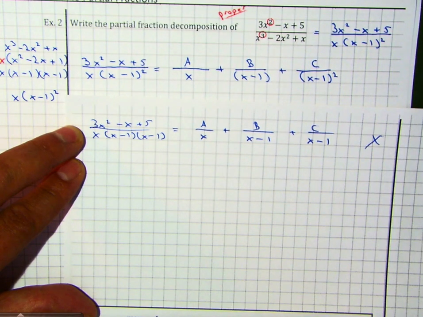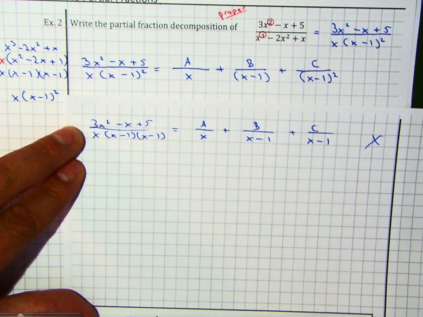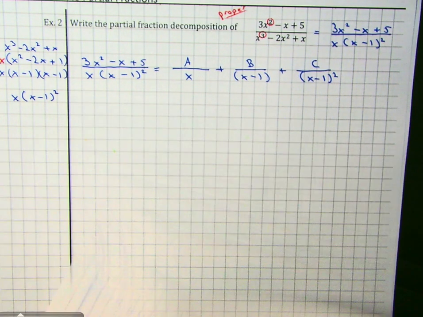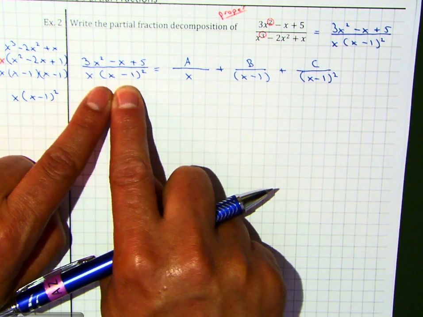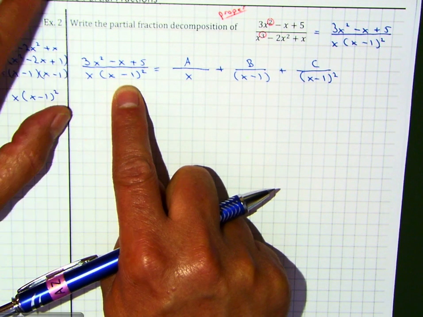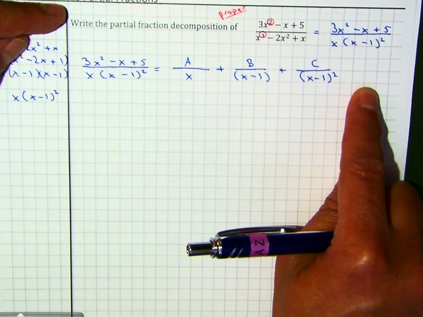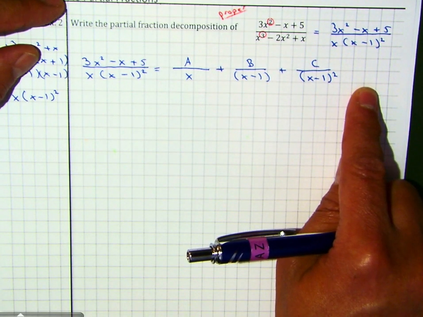This will not be correct. It's not going to be the full simplified version of it. So just be careful. You want to make sure that you get used to rewriting it as x minus 1 squared. And now we have an equation that we can solve for A, B, and C.